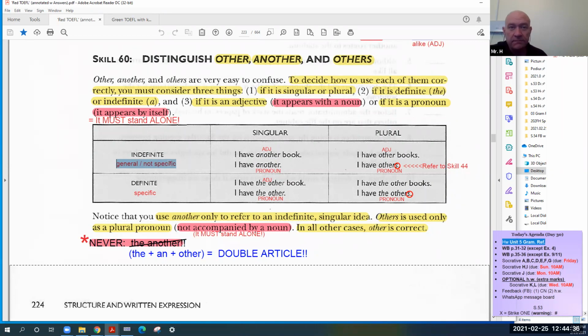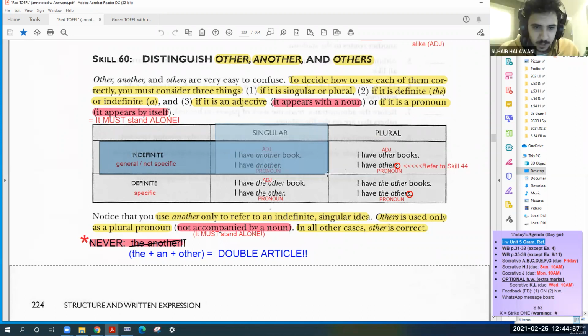Now, when it is general plus it's a singular item, read the example. Adjective: I have another book. Pronoun: I have another. What's the difference between the example above and the one below?